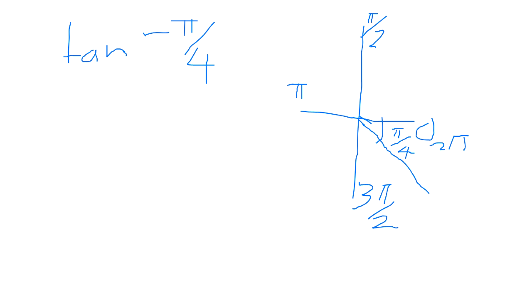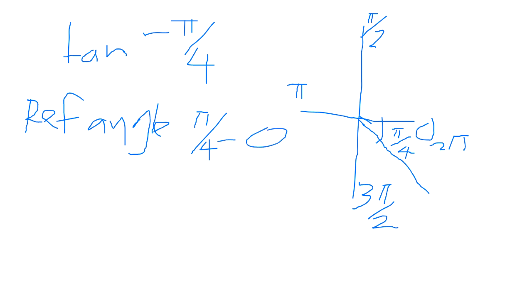Yes, sir. Okay. So still our nearest x-intercept to this angle, pi over 4, is 0. So our reference angle is going to be pi over 4 minus 0, which will give us pi over 4.